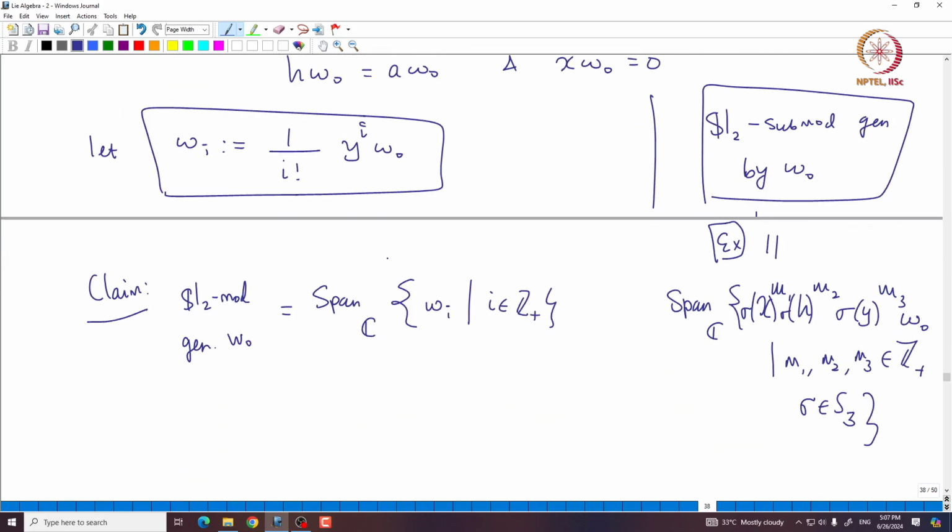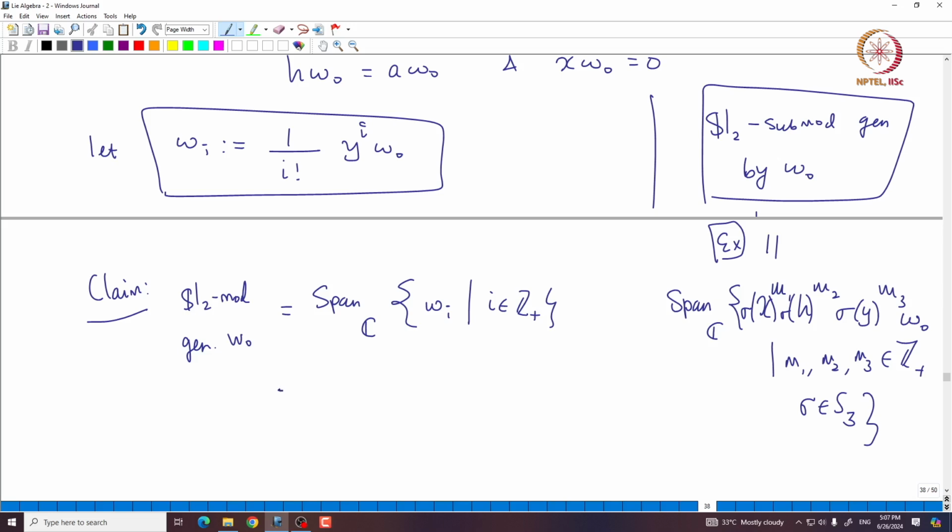Once we set Wi to be 1 divided by i factorial times y to the power i applied on W naught, one can see that the SL2 module generated by W naught has a very explicit basis.